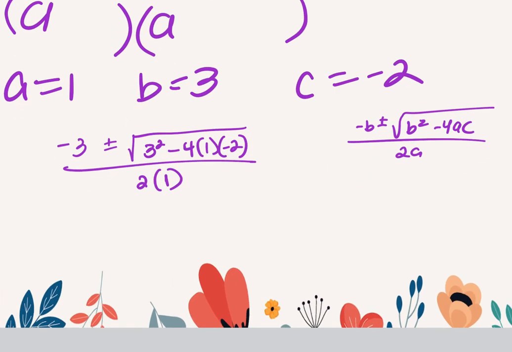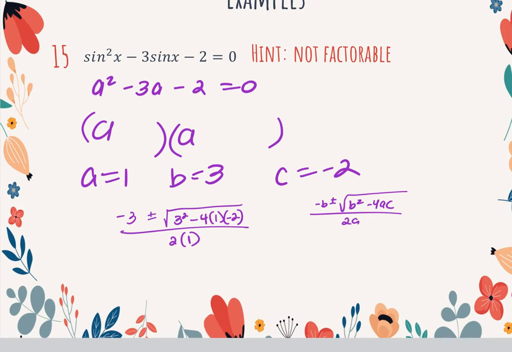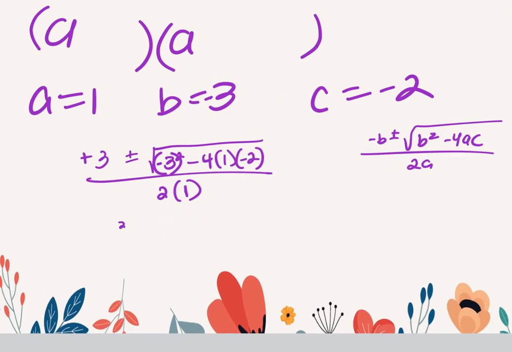Wait, isn't b -3? Oh, yeah, sorry, I wrote it there. This is there, that's there, thank you. So 3 plus and minus the square root of 9 plus 8 over 2 gives you 3 plus and minus the square root of 17 over 2.